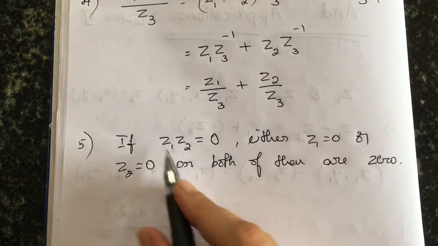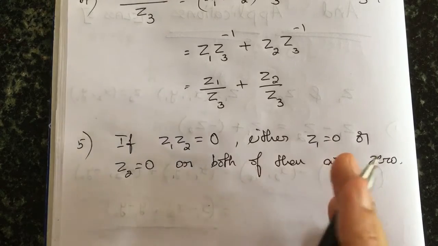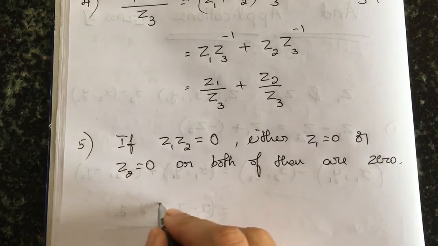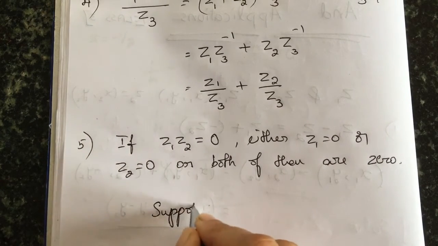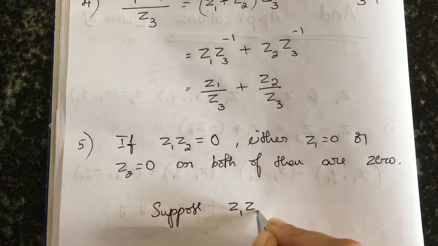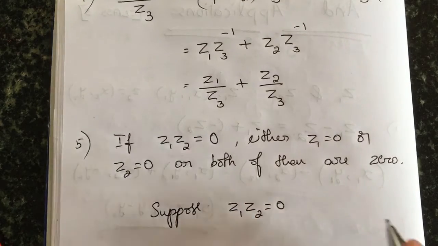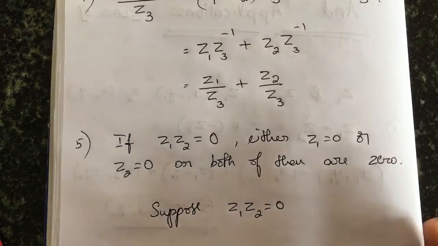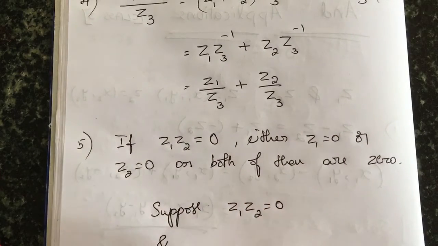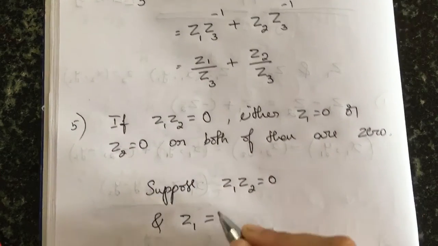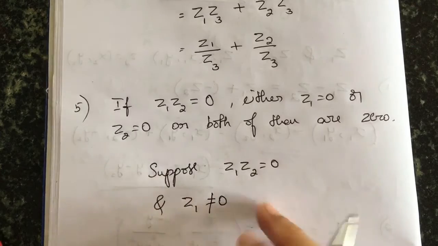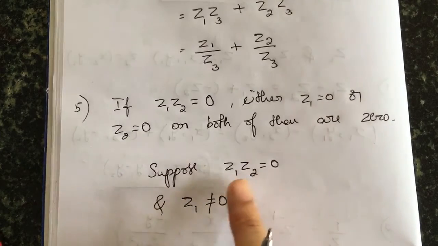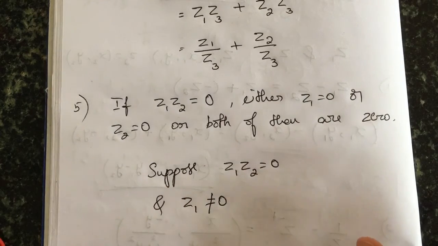Just see, suppose I have z1 z2 equal to 0. Okay, z1 into z2 is 0, and I assume that z1 is not 0, z1 is non-zero. Still the product is 0. I have to prove z2 is also equal to 0.